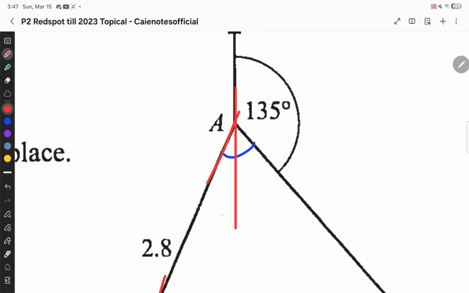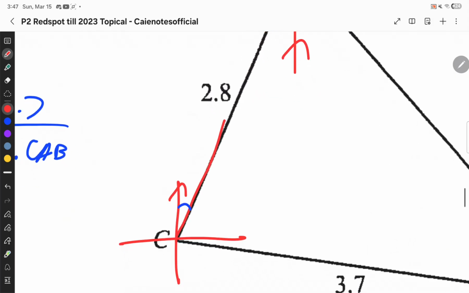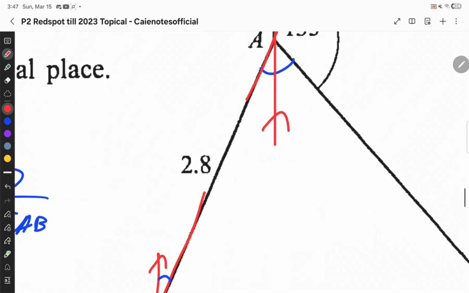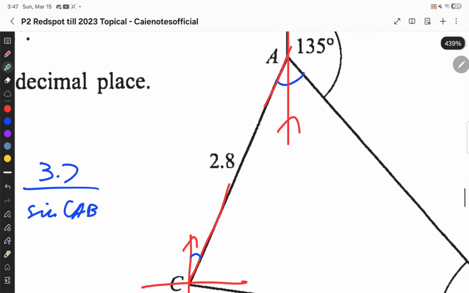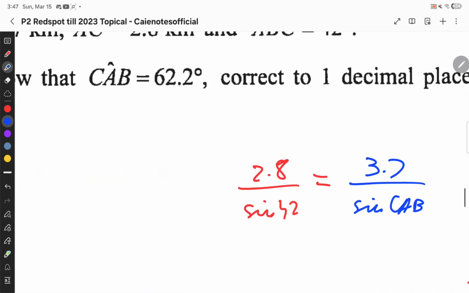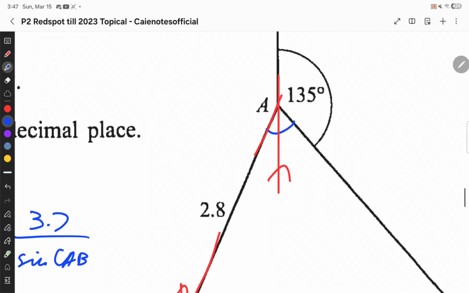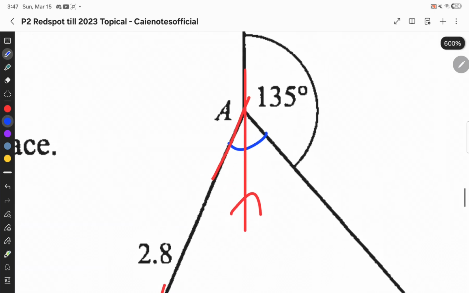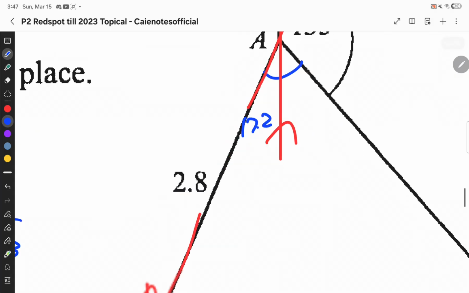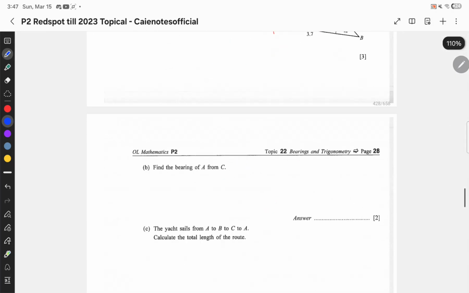This is the south arrow, which is perpendicular to the north arrow, and we do angles of a polygon like so. Now we do 135 plus 62.2 minus 180, because we need to find this tiny angle here. So we get our answer 17.2, and 17.2 is our answer.